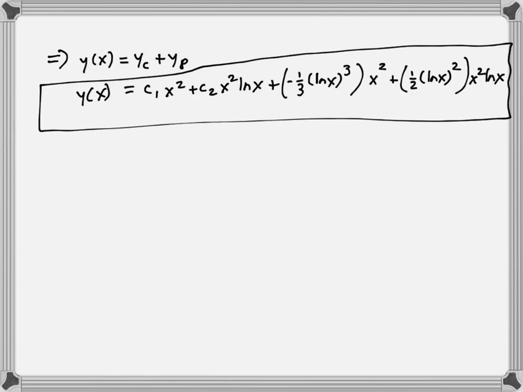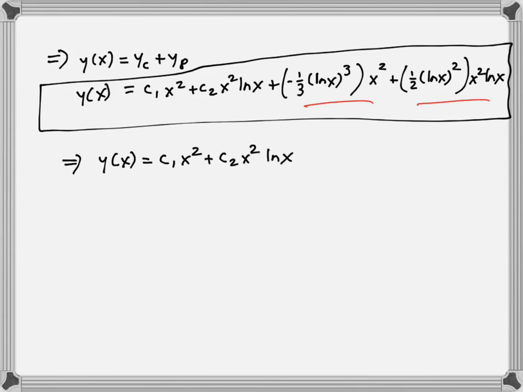By the way, you notice there are probably going to be some like terms here, because just looking at this, we actually have like terms. In fact, this one and this one are like terms. So why not write it out in a nice way?